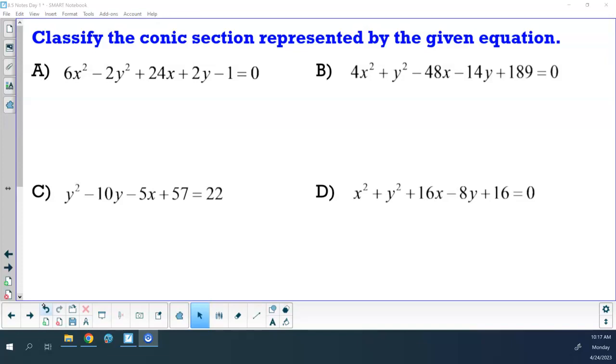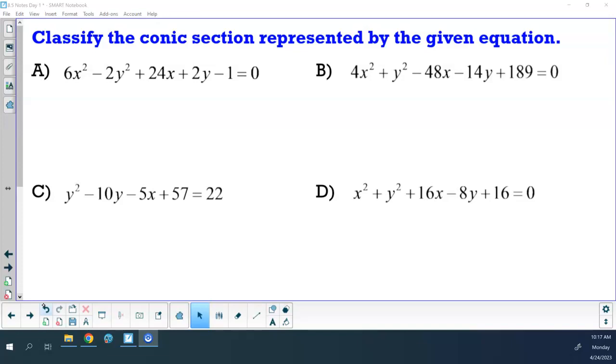No, it can only be one. No, let's worry about homework. When it's homework, don't worry about time, because when we go through this, you'll see how to do that.